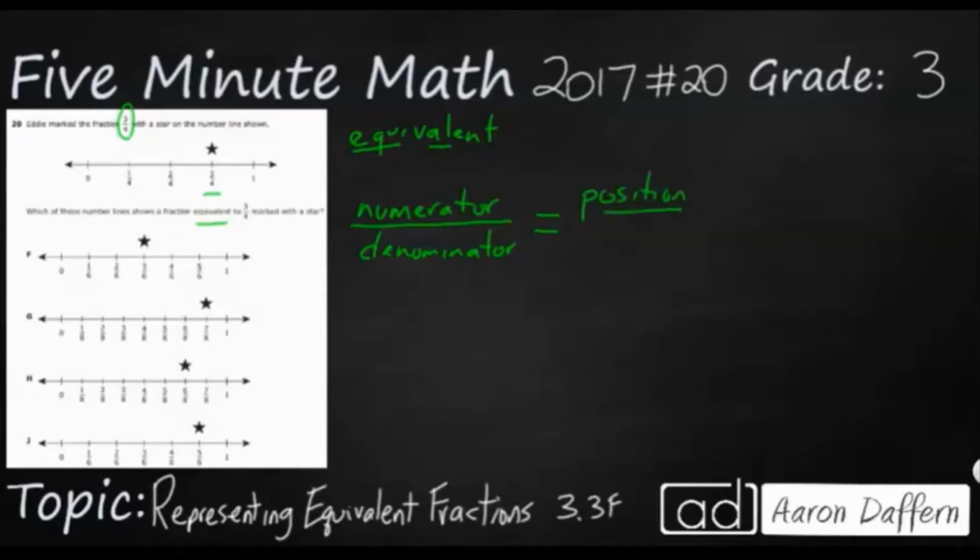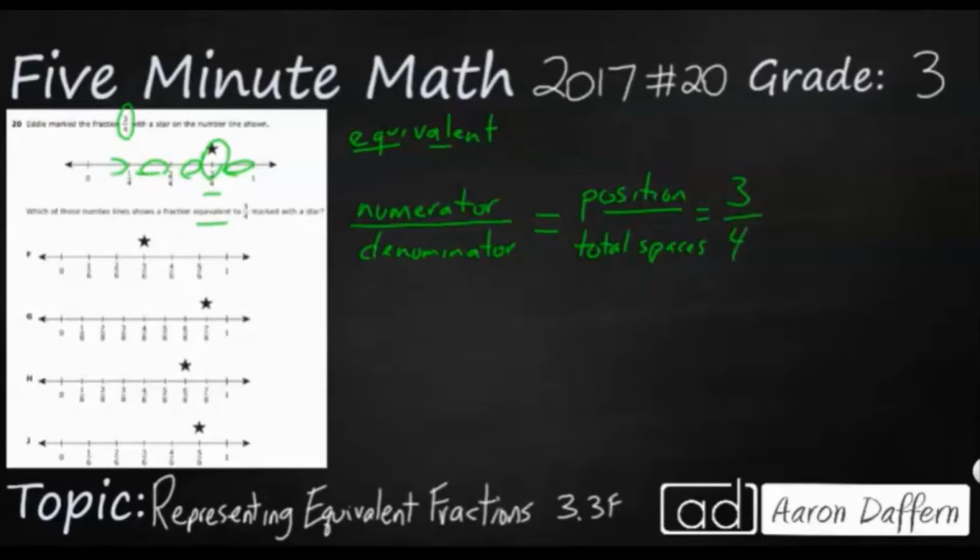So in this first one, it's 1, 2, 3, the 3rd position after the 0. So the numerator is 3. And then the denominator is going to be the total number of spaces between the 0 and the 1. So we've got 1, 2, 3, 4 spaces. So that's why this fraction is 3/4.